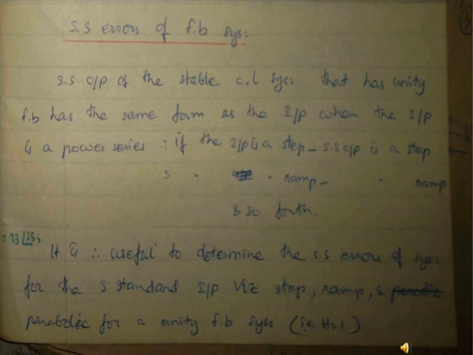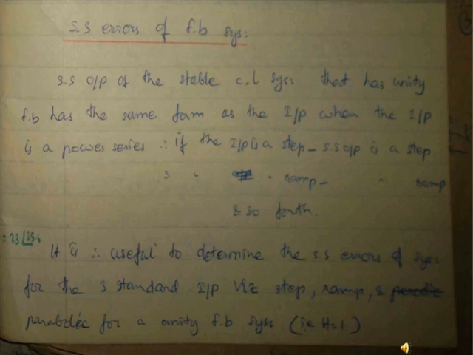Unity feedback means that when you put the input as a power series, the output will also be a power series. Input is a step function, output will come out as a step function. Input is a ramp function, output will come out as a ramp function. So this is for the steady state.